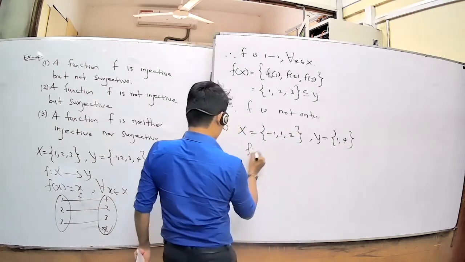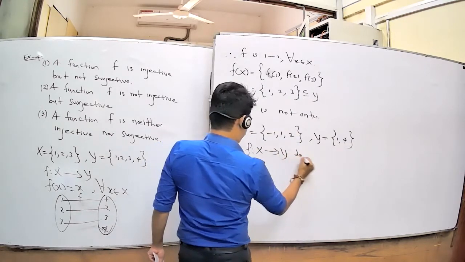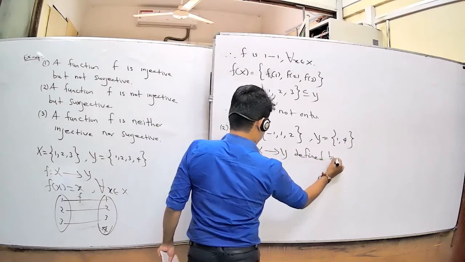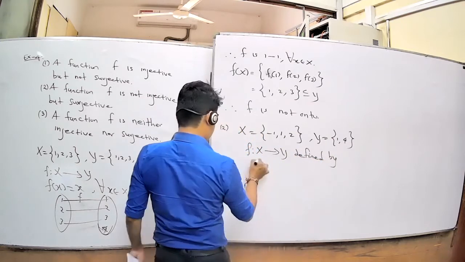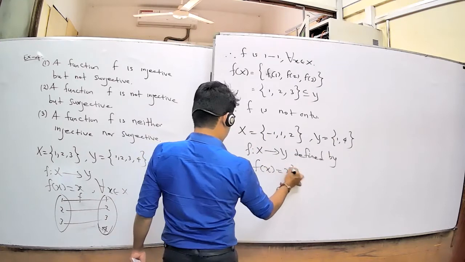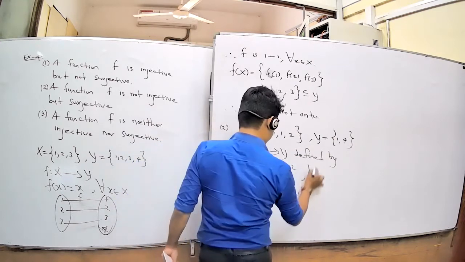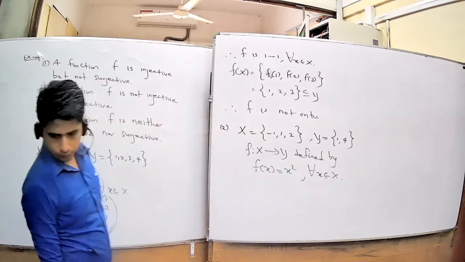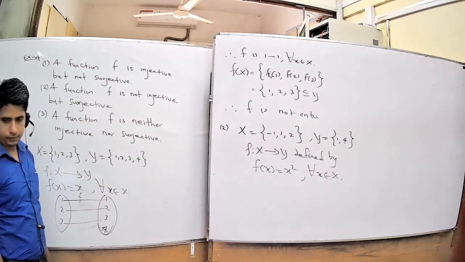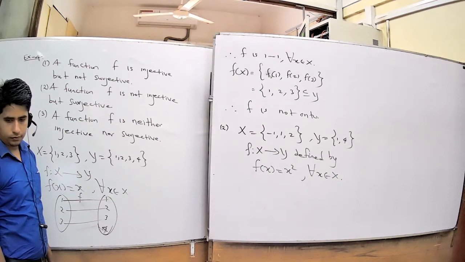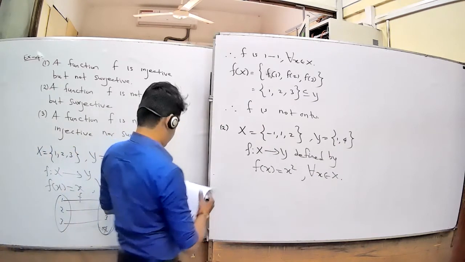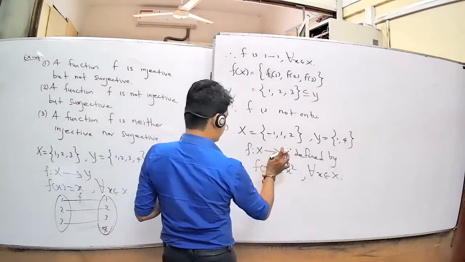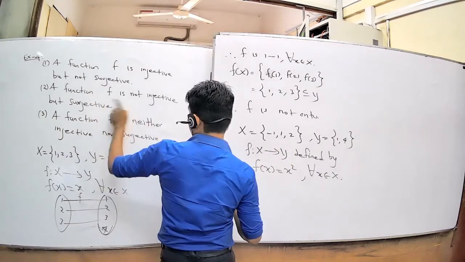Now f from X to Y is defined by f of x equals x squared for all x belonging to X. You want to show that f is not one-to-one but surjective.